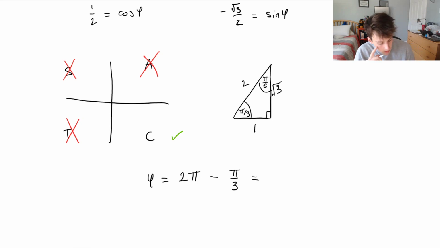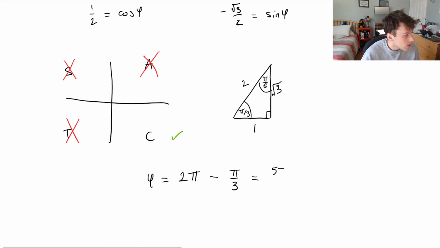So what is this going to be? Well, 2 pi with a denominator of 3 is just going to be, oh my gosh, basic math here, 6 pi over 3. So this should be 5 pi over 3. And then we've solved for both of our unknowns.